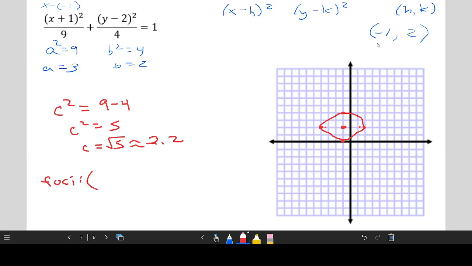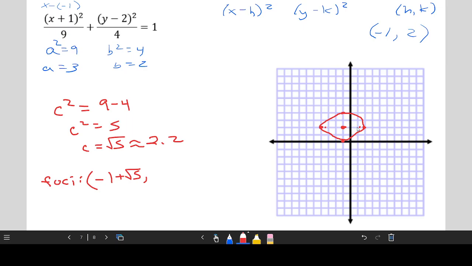And the reason I'm looking at the x value is because we went left and right from that point. So we started at negative 1, and to get to this focus, we added that value c, right? That value c is the distance from the center to the focus. So we started at negative 1, and we added c to get to the focus on the right. So negative 1 plus square root of 5 is going to be the x-coordinate of this focus.